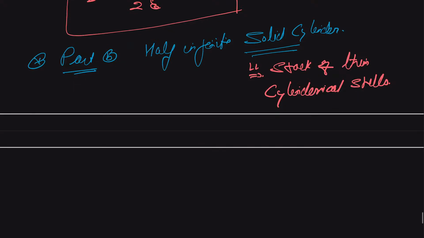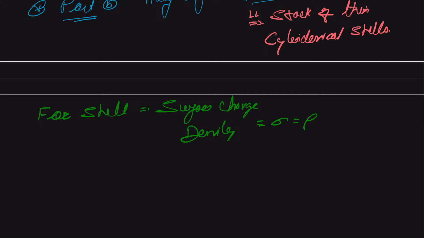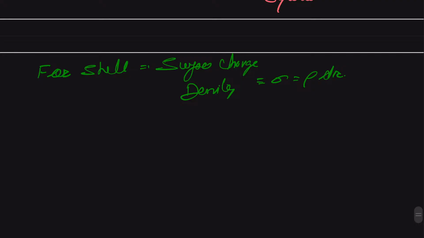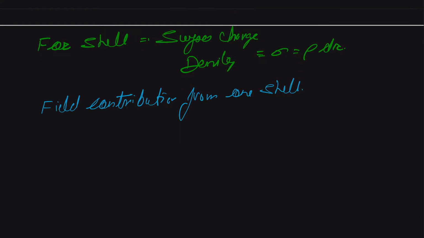Okay, so for a shell we can write the surface charge density, that is sigma, is equal to rho times dr. And the field contribution from one shell, we already know this formula.